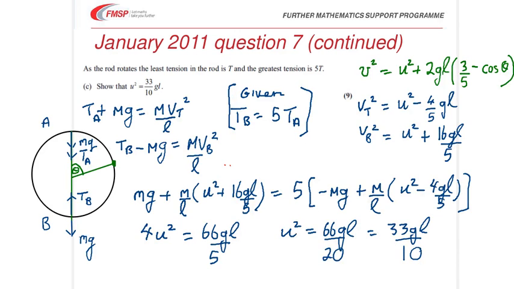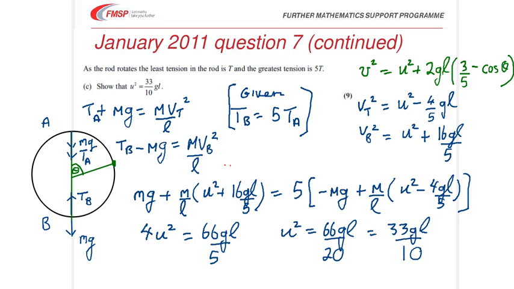Right, and I've written this out because I keep making mistakes when I'm trying to speak and write this out. It looks worse than it is. It's fairly straightforward, but there are just fiddly terms to put in. So let's talk through it. What the question tells you is that the least tension is T, the greatest tension is 5T.